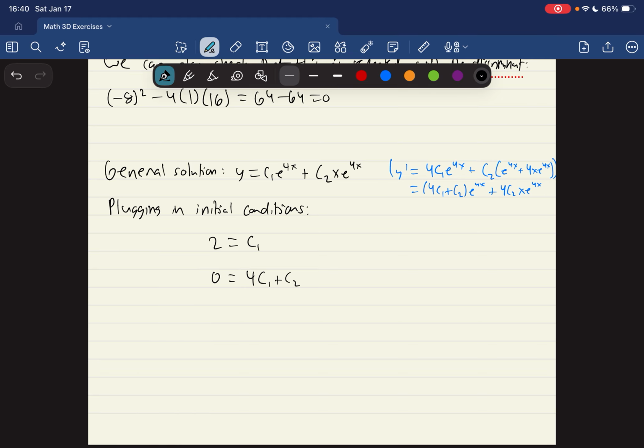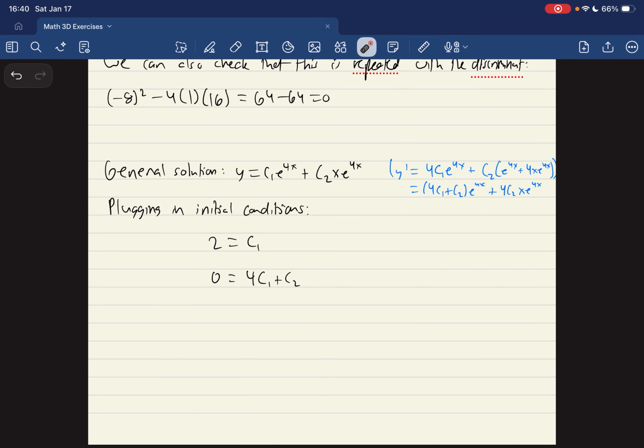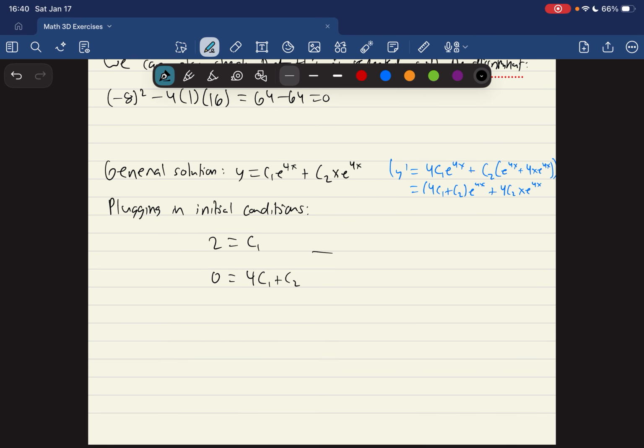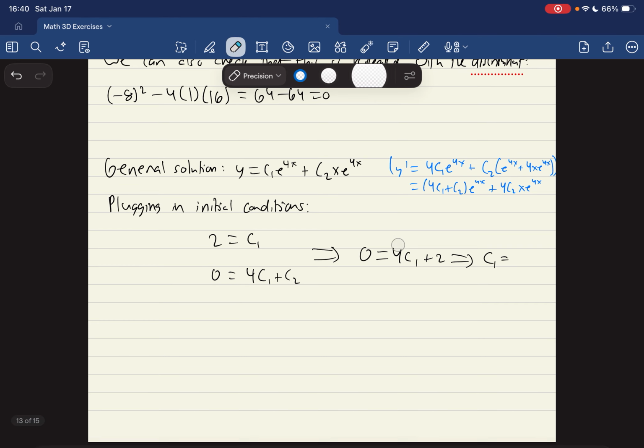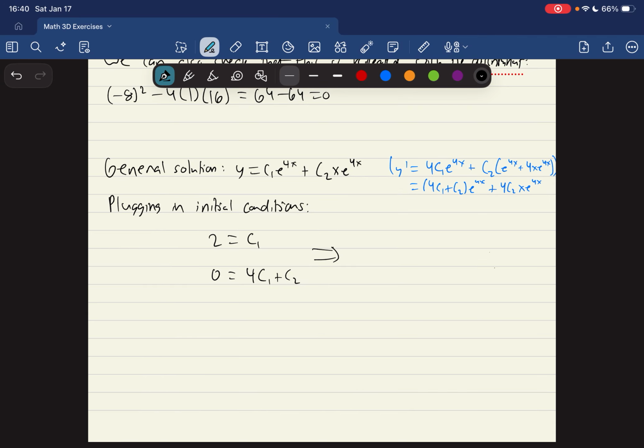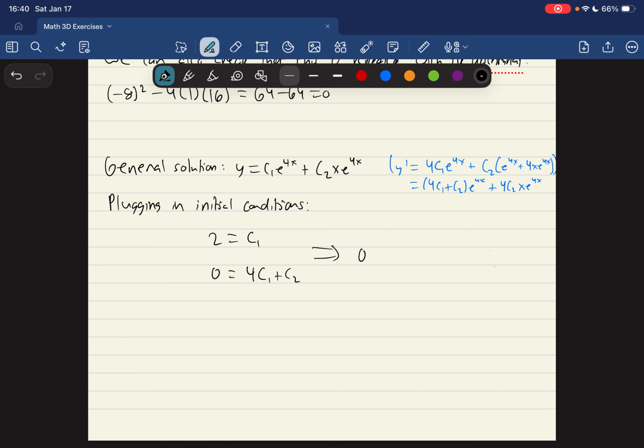And this isn't so bad to solve. We already know what C1 is. And to find out what C2 is, we just need to plug it into the second equation. So 0 equals 4 times 2 plus C2, and so this gives me that C2 is negative 8.